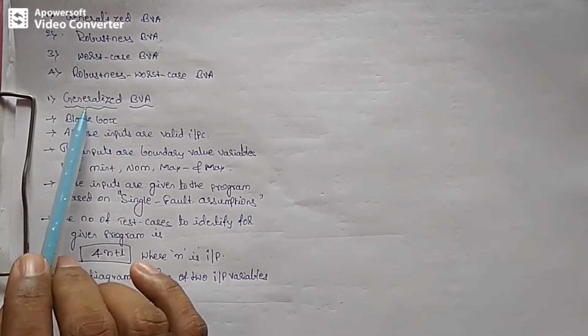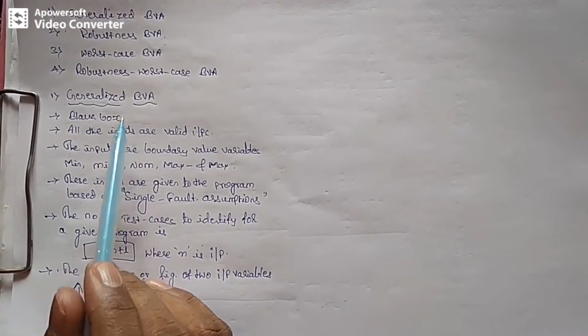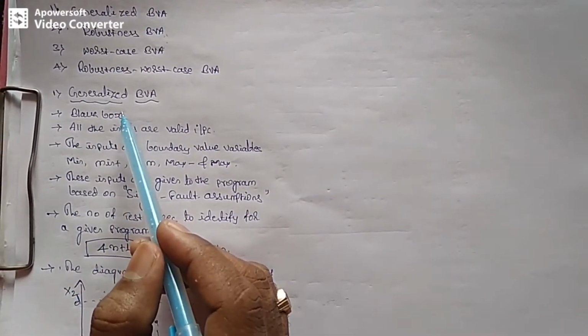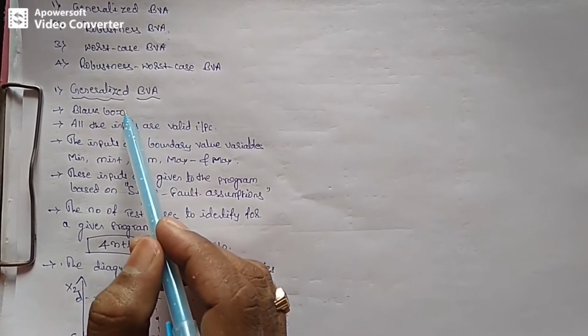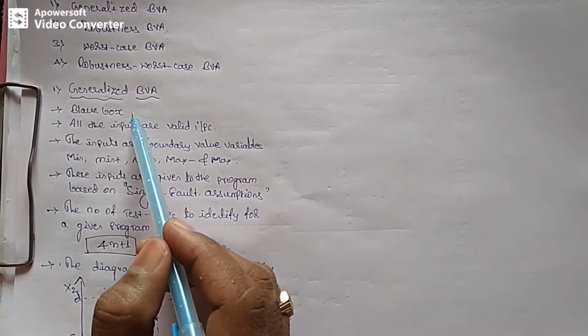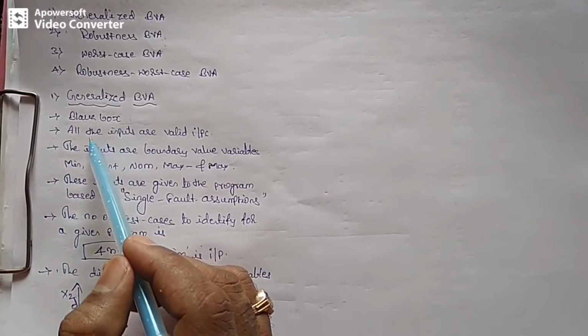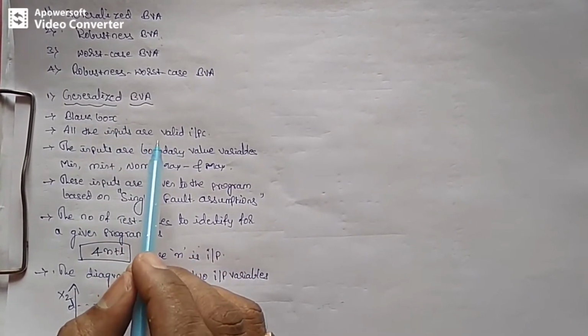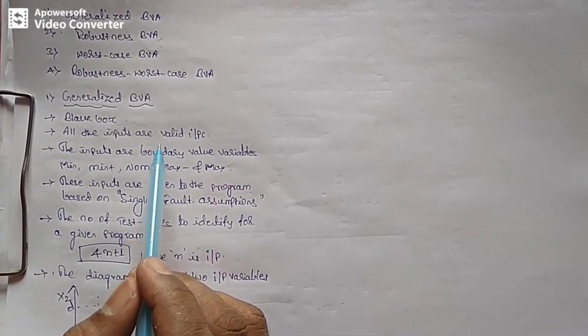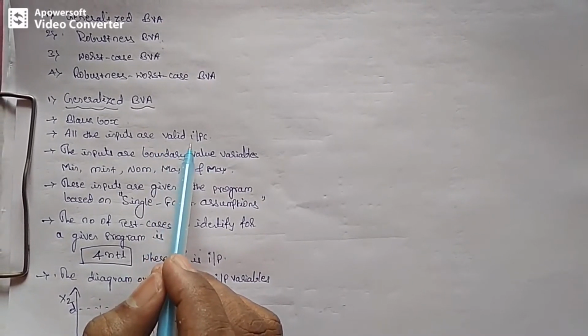First, under the generalized boundary value analysis method: this boundary value analysis method is one of the black box testing techniques. In this technique, all the inputs which we specify for a given program are valid input variables.